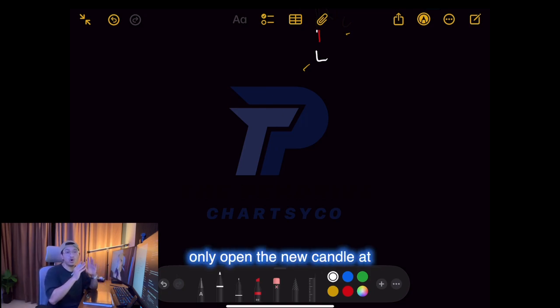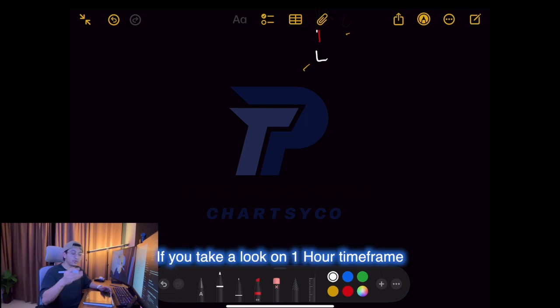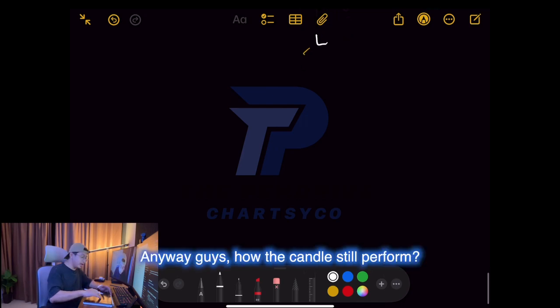For example, a new candle only opens at 1 o'clock, 1:15, 1:30, 1:45, 2 o'clock. So it depends on the time frame. On the 1 hour time frame, every candle opens at 1 hour intervals.